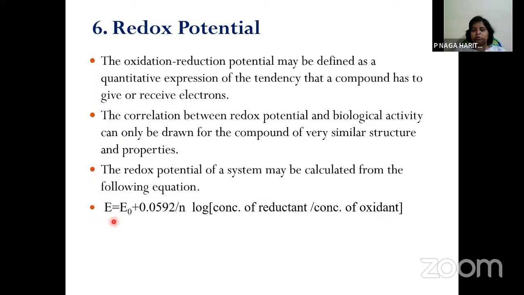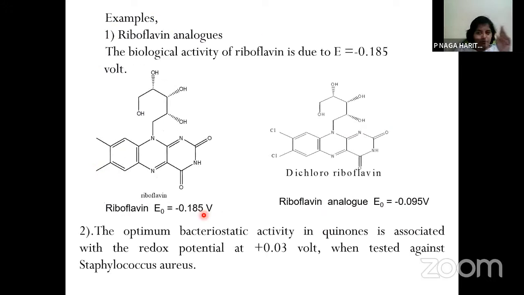It can be calculated from the equation E is equal to E naught plus 0.0592 divided by n log concentration of the reductant divided by concentration of the oxidant. Here the riboflavin analog is an example. The biological activity of riboflavin is due to E equal to minus 0.185 volts. Another one is dichlororiboflavin, whose E naught value has been increased drastically.